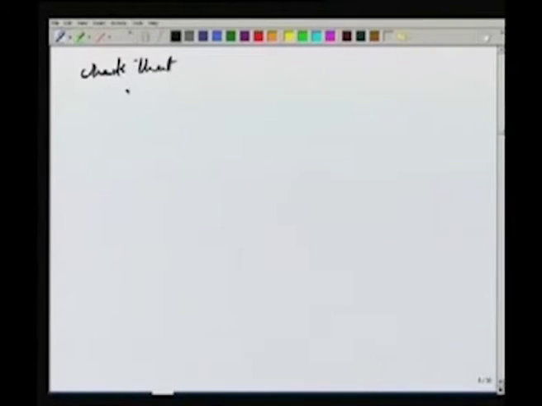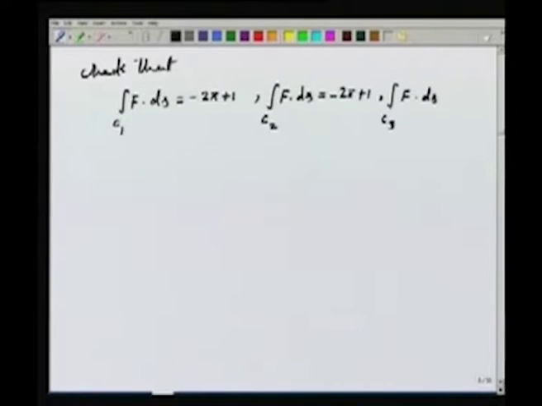Now just check the following: the integral over C1 of f dot ds turns out to be equal to minus 2 pi plus 1, the integral over C2 of f dot ds is also minus 2 pi plus 1, and the integral over C3 of f dot ds turns out to be 2 pi plus 1.